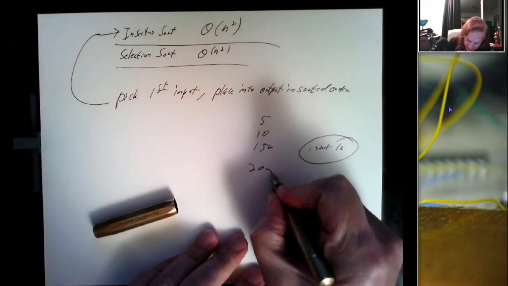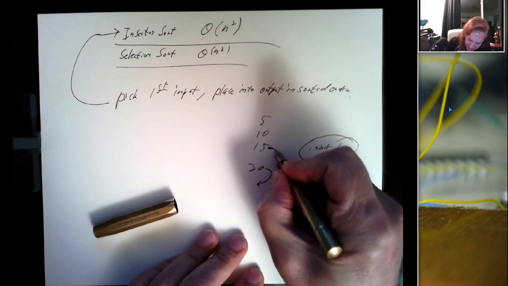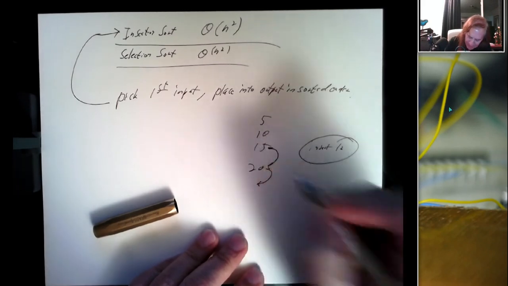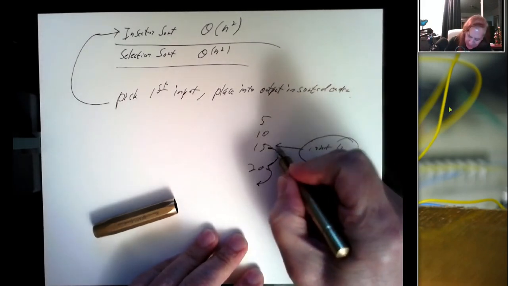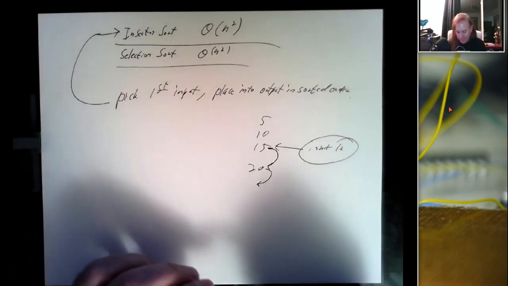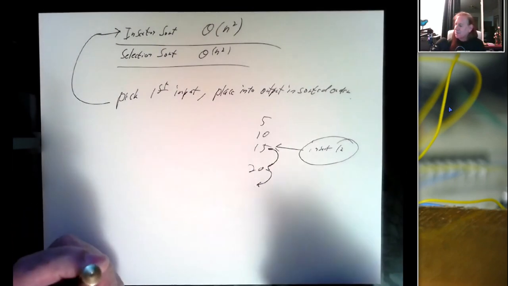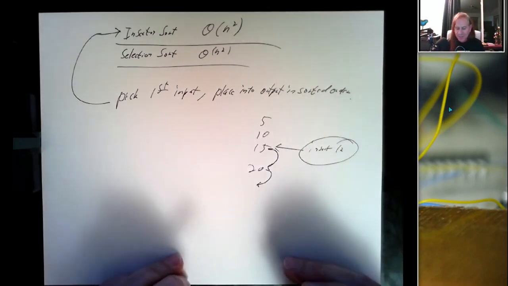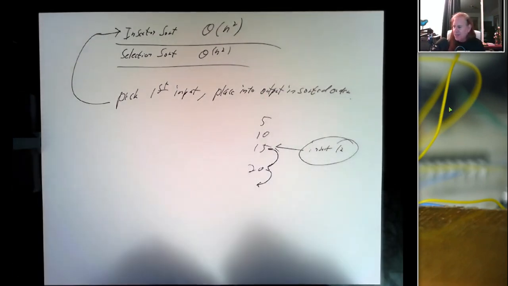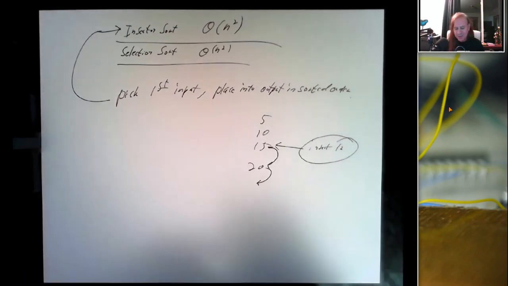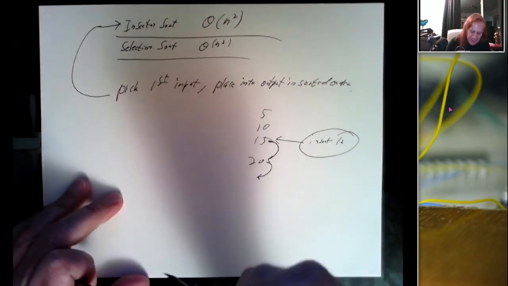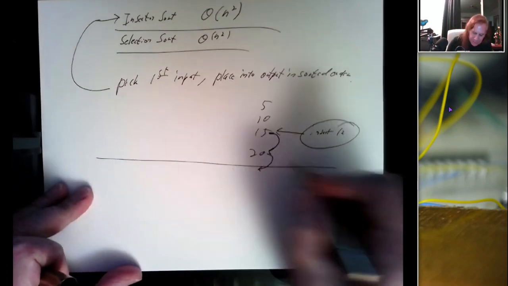So I copy the 20 down to here, I copy the 15 down to here. Now this spot is open, that's where I put my 12. So it's that searching and then moving things down to make space that makes this an order n pass. And we have to do n passes for the n pieces of input, so that's order n squared. So that's the insertion sort.